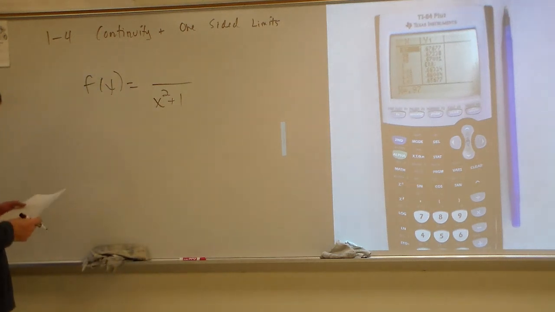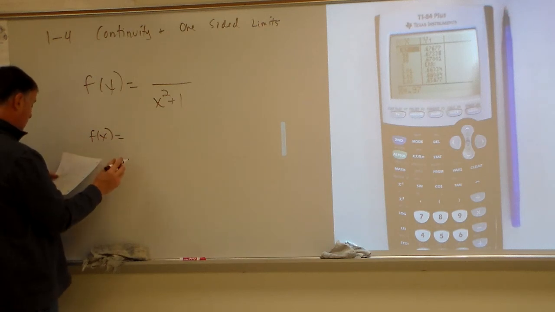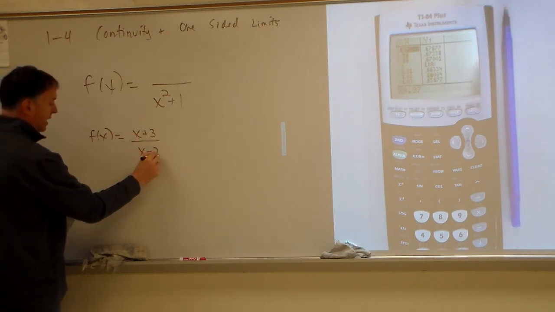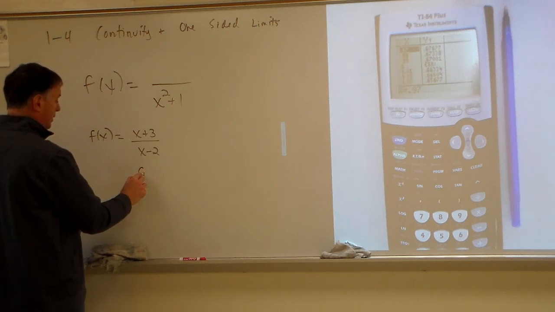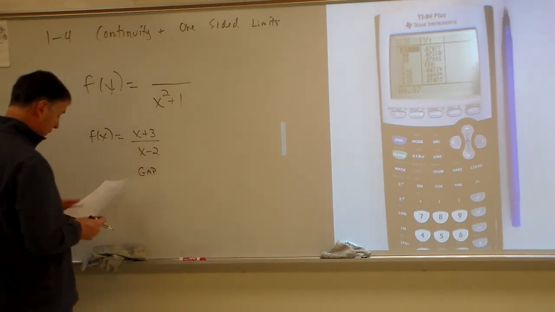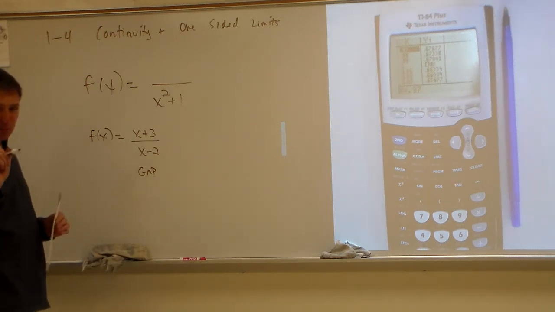Let's say I had f of x equals x plus 3 over x minus 2. This one is going to be a gap, a gap at x equals 2. So there is a little hint when we're dealing with fractions.